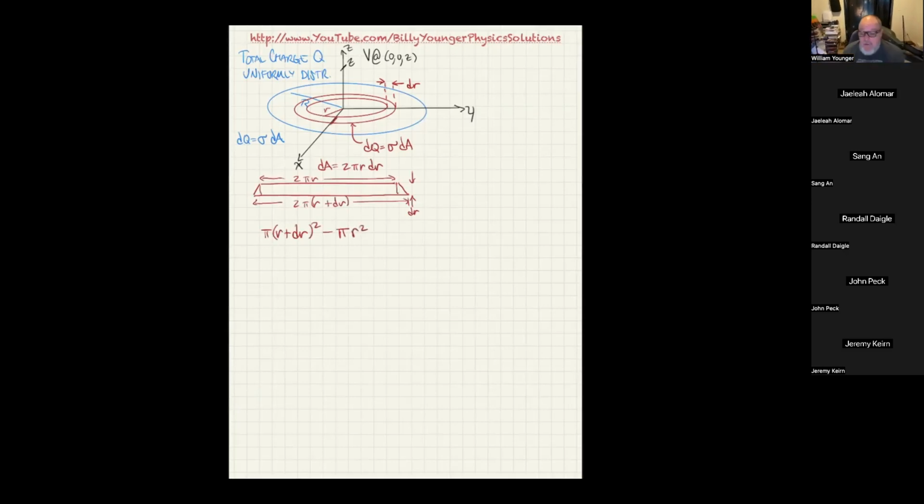That's really what's going on there. So if you carry out that squaring of the r plus dr, you'll see that it is the actual area. So really all we're doing is we're ignoring that little bit and that little bit. Actually, it should be right there. That's the difference between this symbol and the dA that we're using.